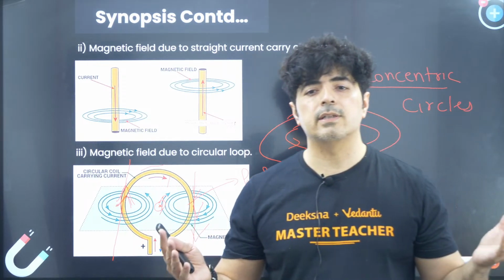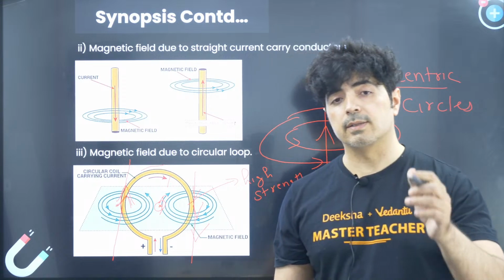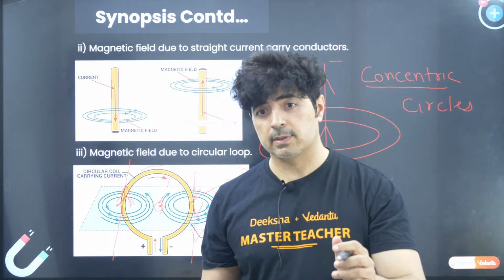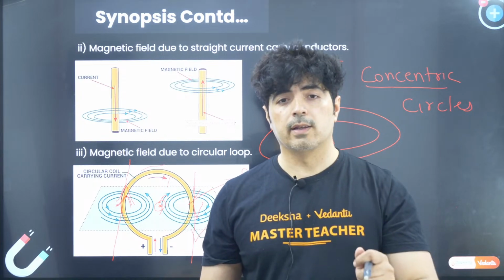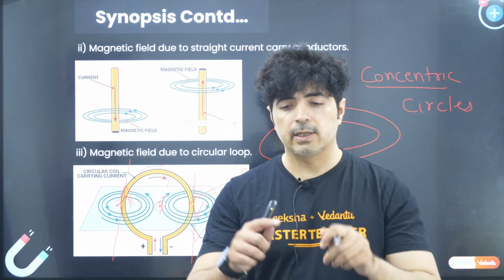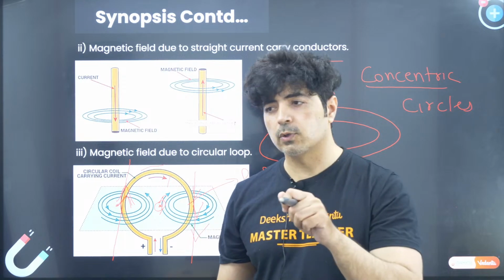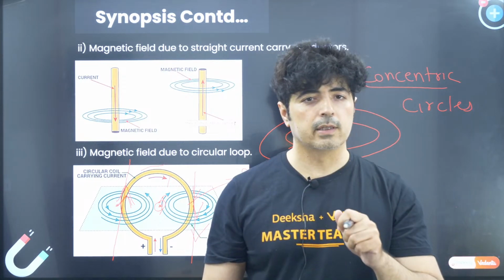Sometimes we cannot imagine what's going on. So I will tell you guys, in the exam, when a question comes, let's say you have a paper in front of you, and the question asks, what is the direction of the magnetic field in this?